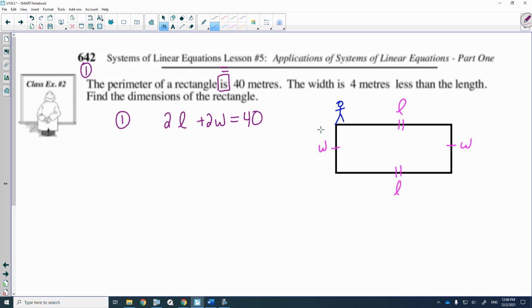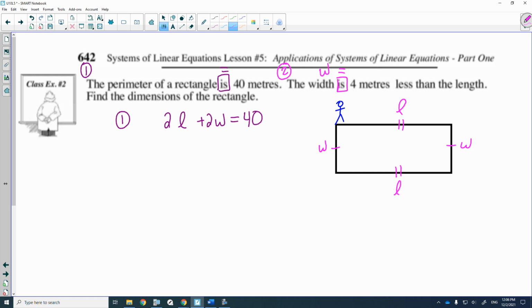Your second system, so just take a minute and see what you would write. So here's my is, that's where my equals goes. You know what letter this would be, so I'm going to put a W here.